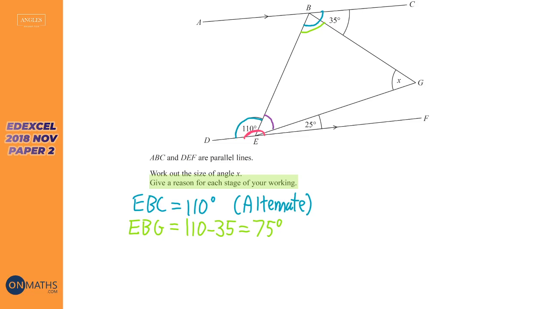So where are we? Angle BEG equals 180 take away 110 plus 25, which is 45 degrees. So we've got this is 45 degrees. We should write these in so we can keep track.